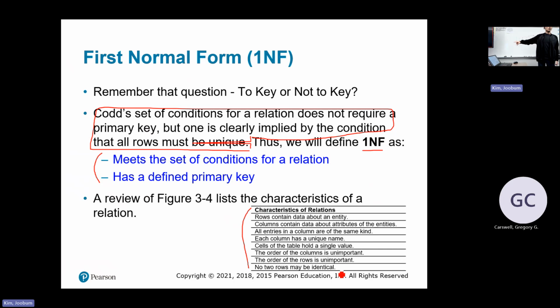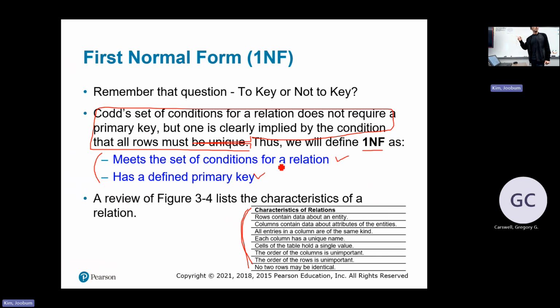So if you have a table and the table satisfies the 8 conditions, it is called a relation. This is one condition to be in first normal form. And the other is that if a relation has a primary key, that relation is in first normal form.